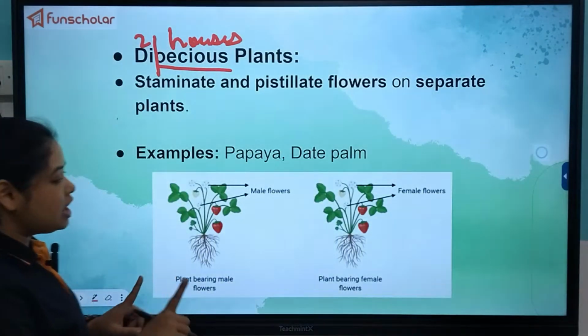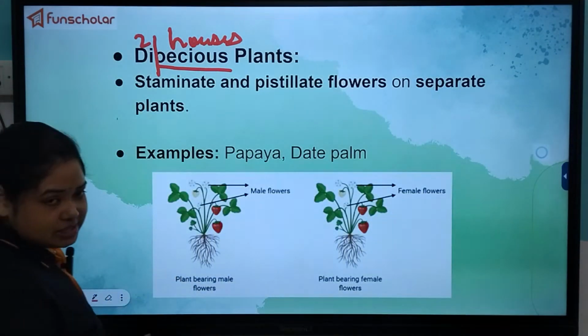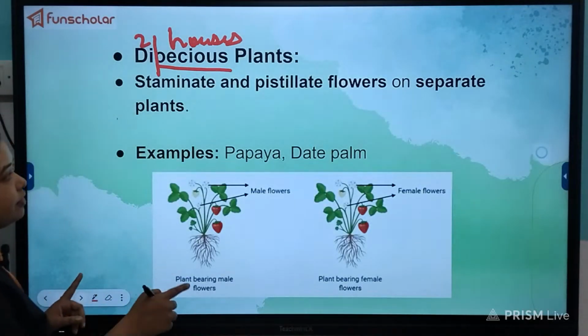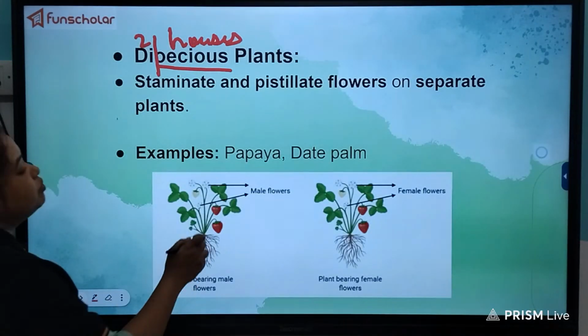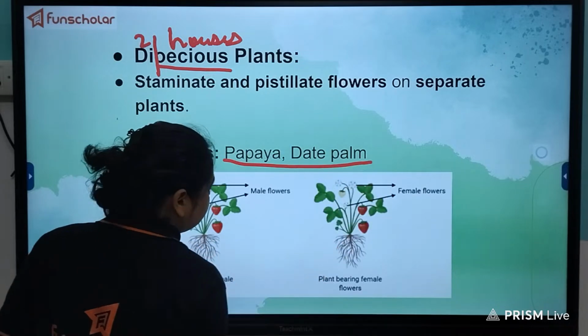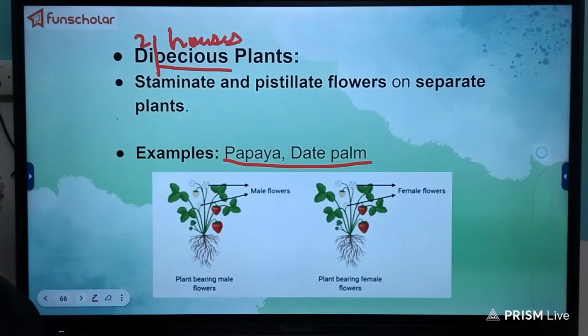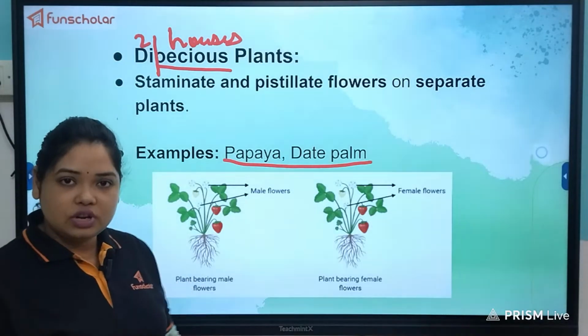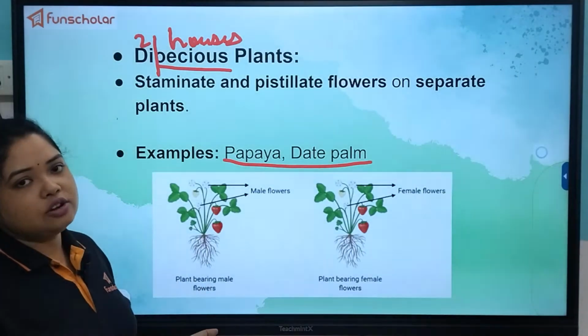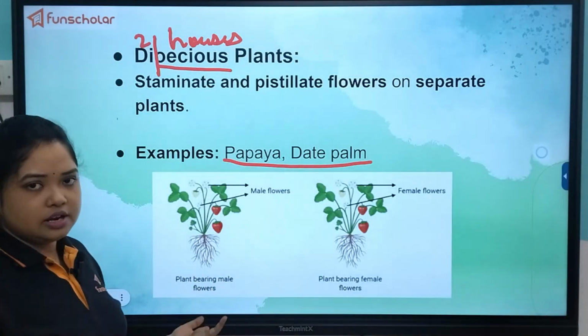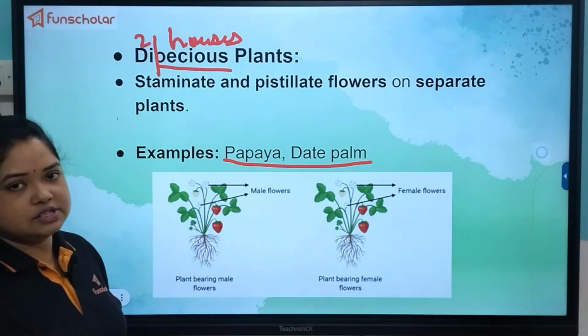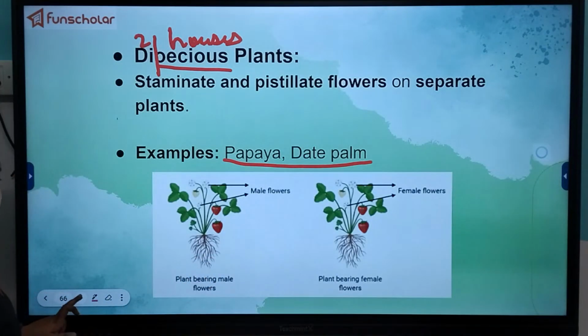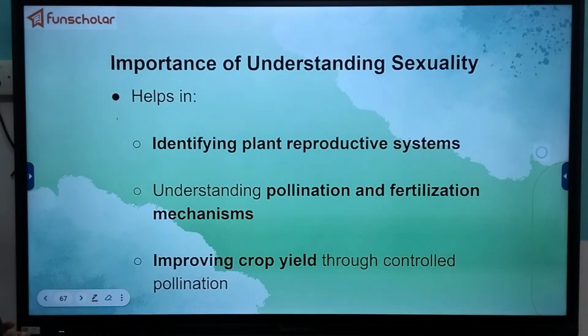So two plant bodies or two houses for the two different sexes. Examples include papaya and the date palm, where you can see that in one plant you will find only the staminate flowers, and on another plant only the pistillate flowers. Such plants are called dioecious plants.